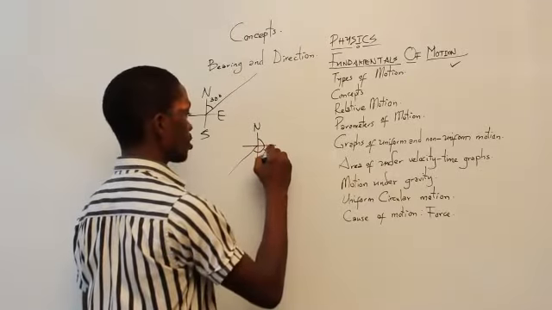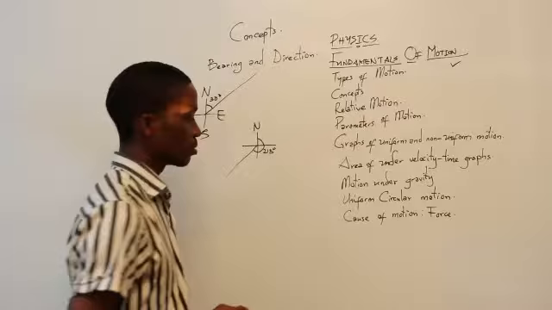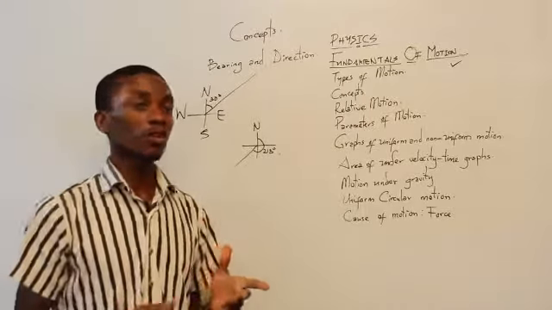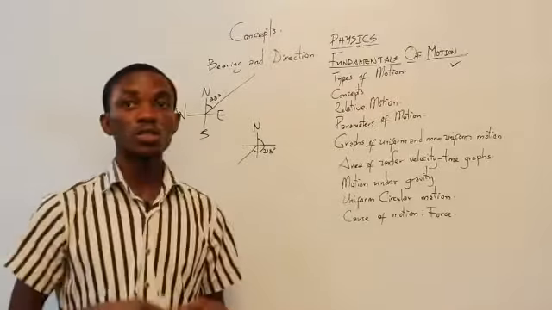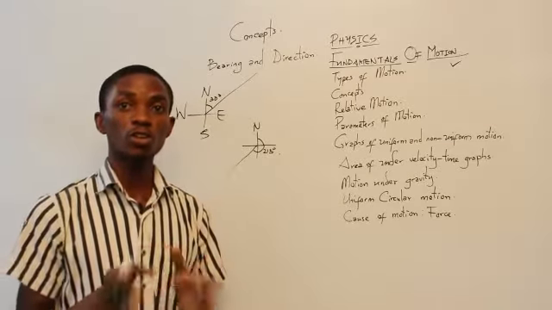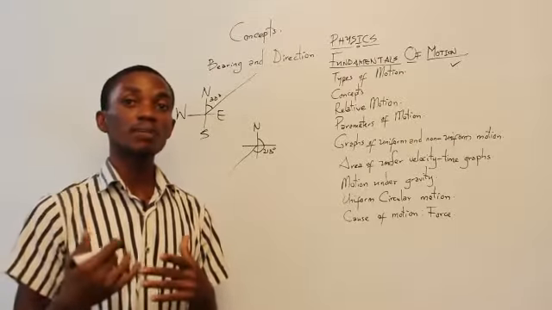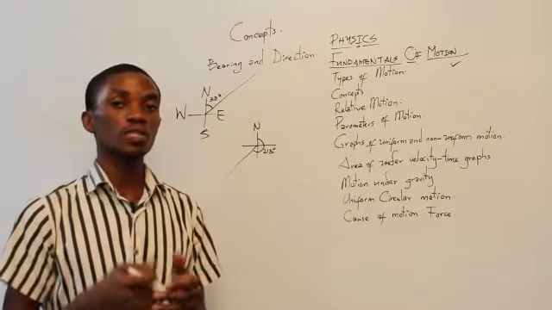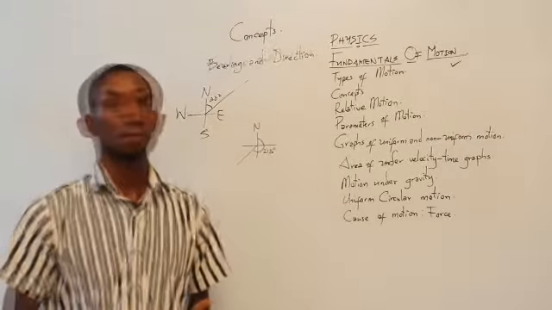And we can indicate it as 213 degrees. So basically, the concept of bearing and direction talks about us using geographical description of a place or location to calculate the movement or motion or distance and direction in which a particular thing is moving.